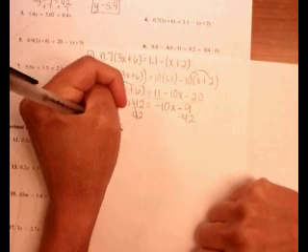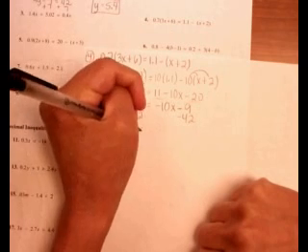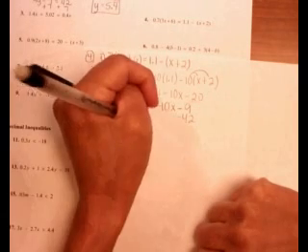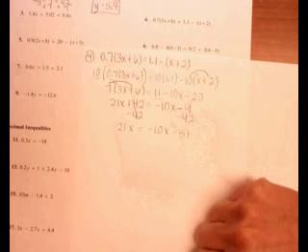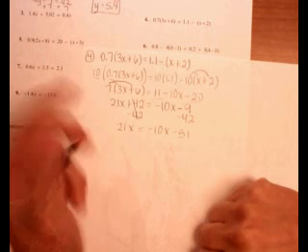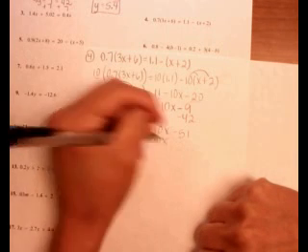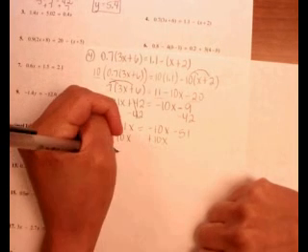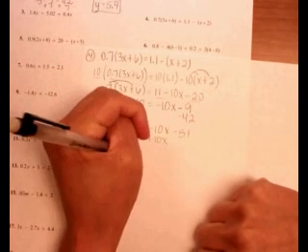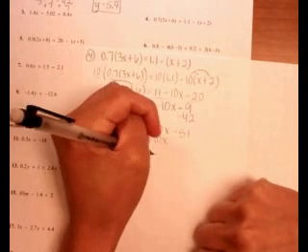So 21x equals negative 10x minus 51. I want to get this 10x to the other side, so I'm going to add 10x, add 10x. So 31x equals negative 51.